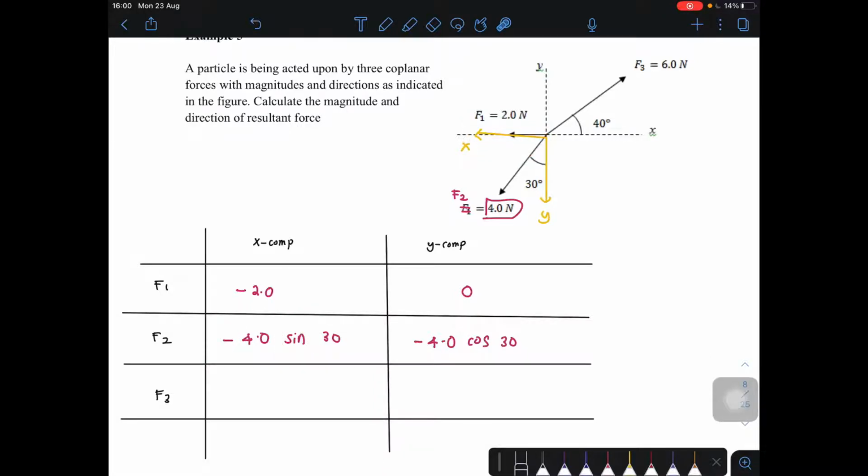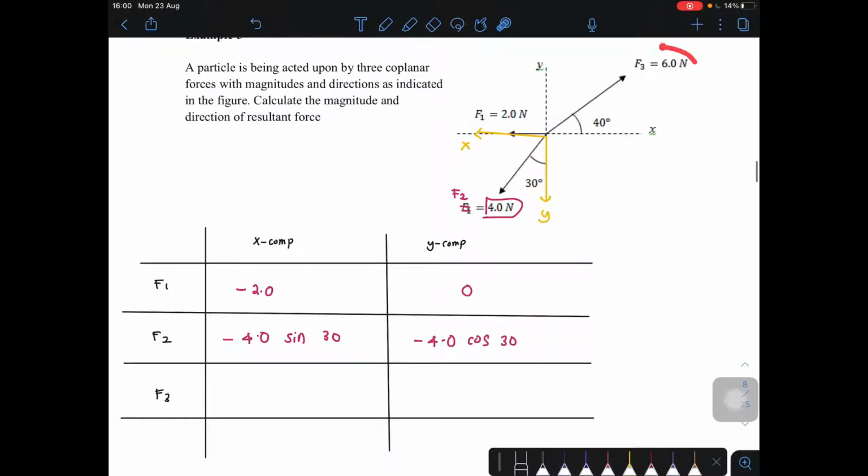Okay? And last one, F3. Kalau kita resolve, dia akan jadi macam ni. So, let me padam that one. This is the vector for F3, Y and X. So, untuk X dia ke kanan, so positive. F3, 6.0.